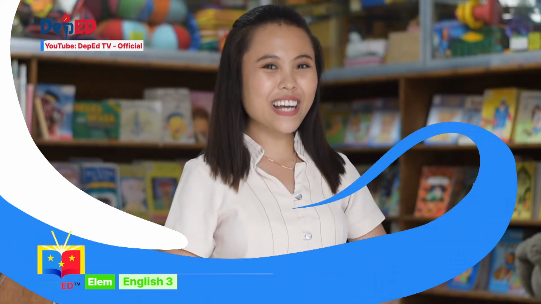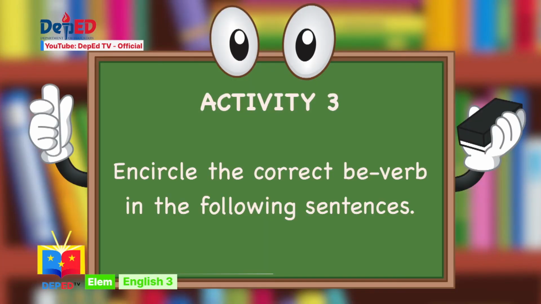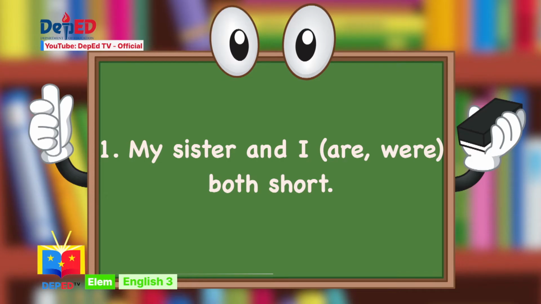Now let us see if you can use are and were correctly. Encircle the correct be-verb in the following sentences. Number 1. My sister and I were both short. That's right!